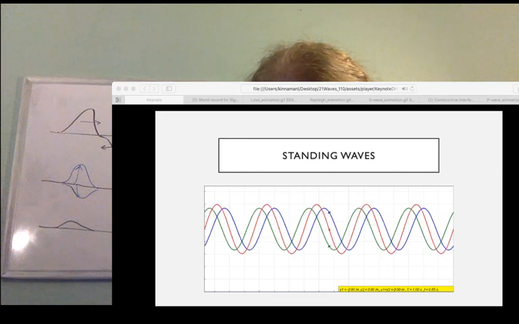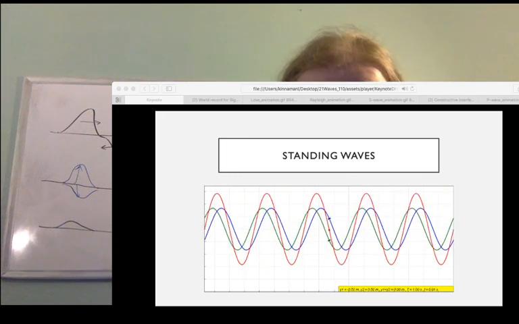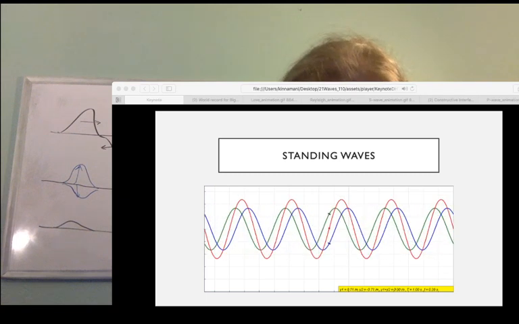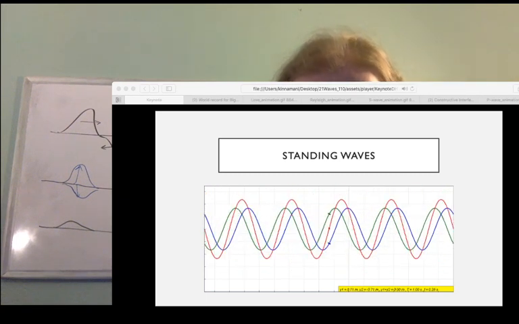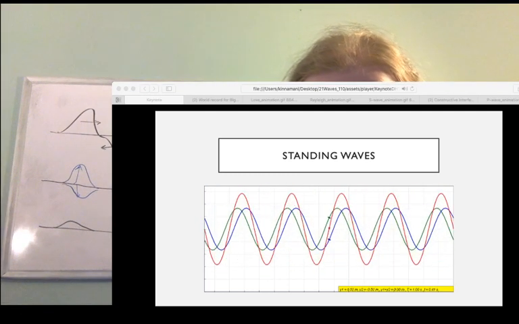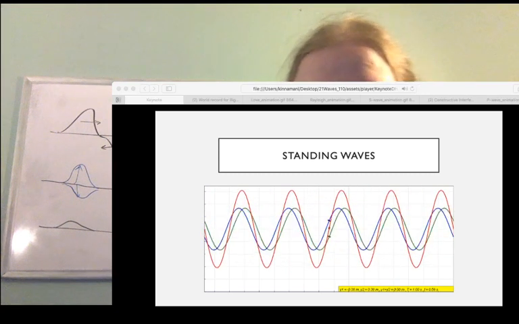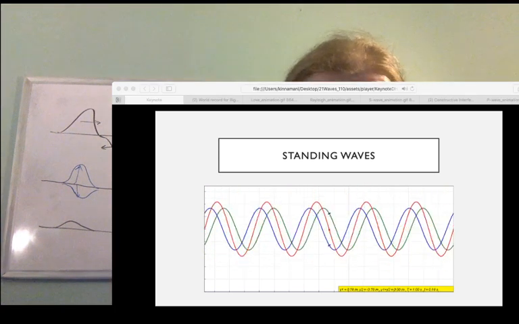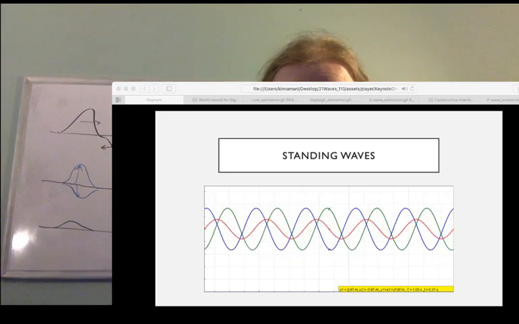The red wave is what you get when you add the blue and the green together. And the red wave is the one that gets really big. Okay? So at some moment, it's really tall. And if you look carefully, that's when the blue and the green wave overlap each other. So the green and blue are moving in opposite directions, and sometimes that means they perfectly overlap so that you get constructive interference.